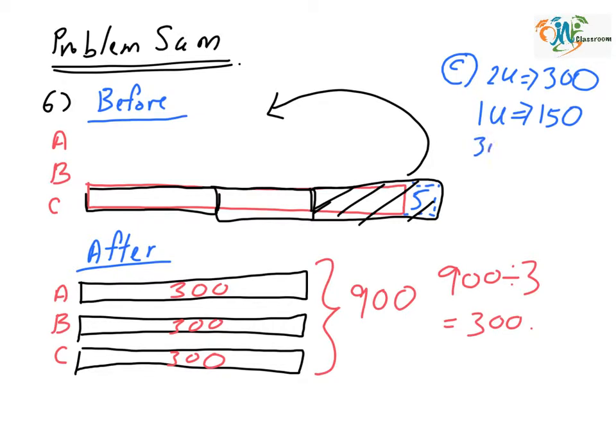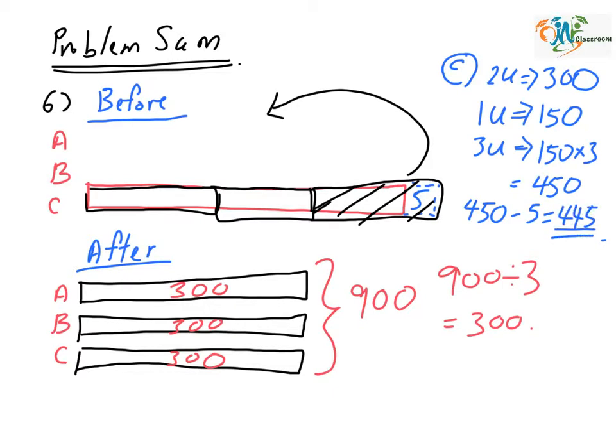And then 3 units will be 150 times 3. That will give us 450. Then we have to remove the 5 sweets that was transferred from B to C. So for C, it will be just 450 minus 5 equals 445. Okay, guys, so C, you all understand?